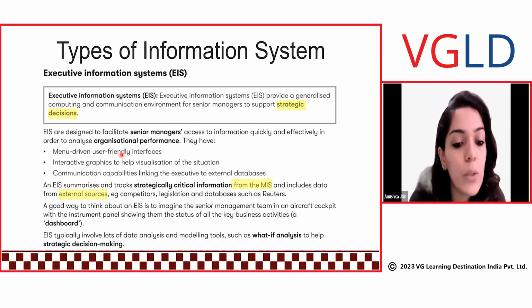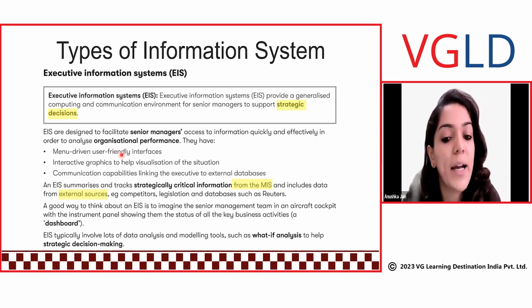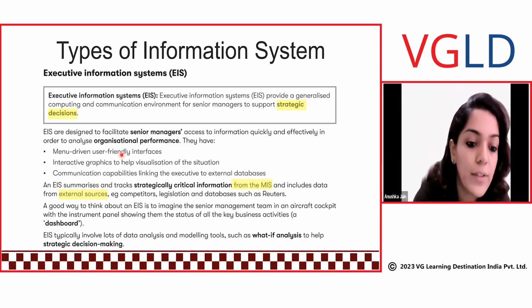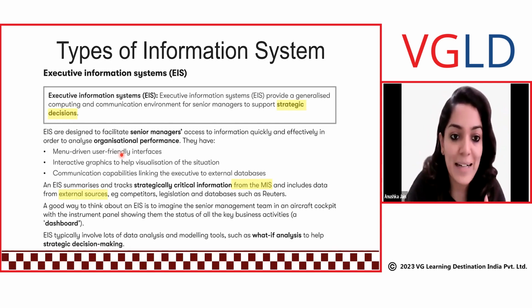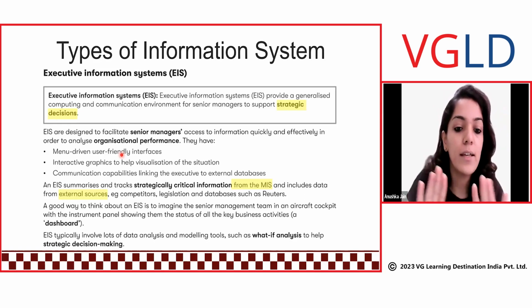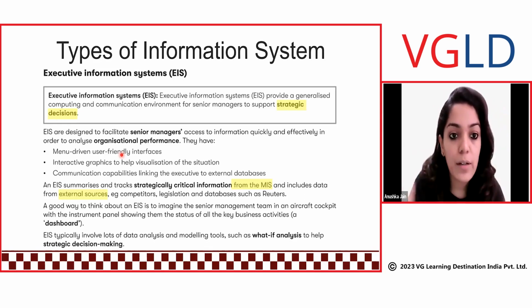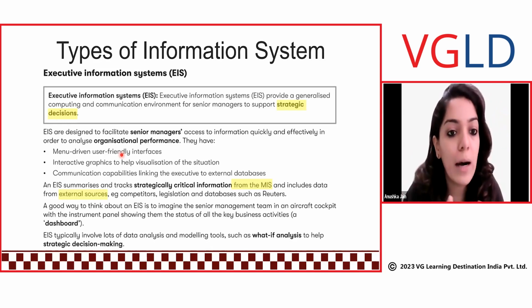A good way to think about an EIS is to imagine the senior management team in an aircraft cockpit with an instrument panel. You may not have actually seen it practically, but maybe in movies you would have seen how the dashboard of a flight looks. So many buttons are there. They just click and they know how it is.